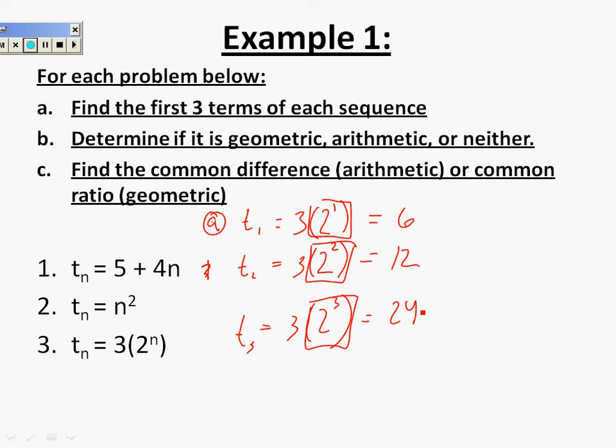If you divide the second term by the first term, we get 2. And if I divide the third term by the second term, I get, do they have a common ratio? Yes. They do, therefore this is geometric. And since it's geometric, we can identify our common ratio, which is what? 2.